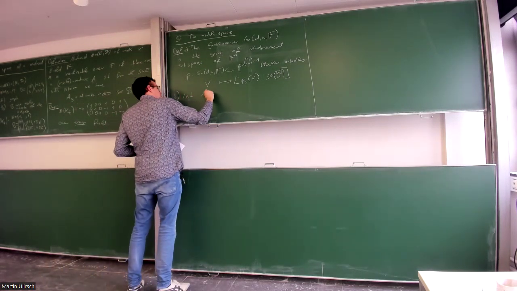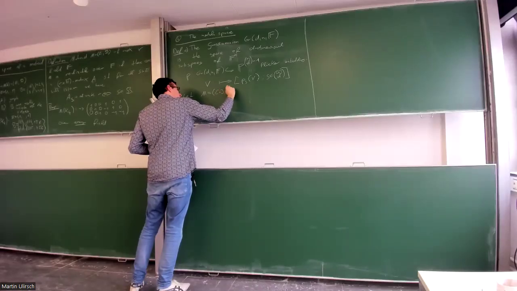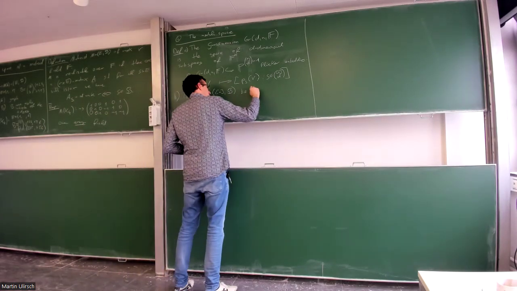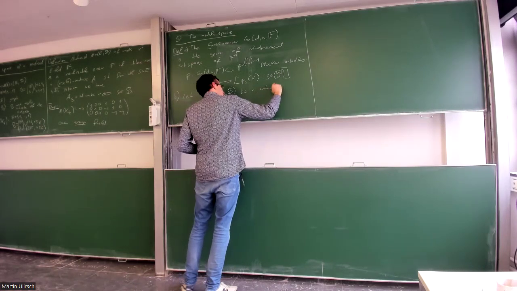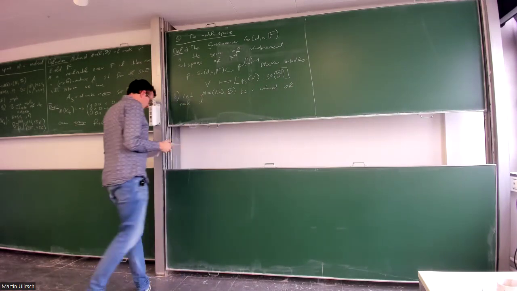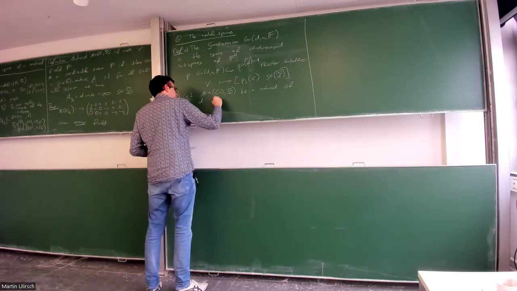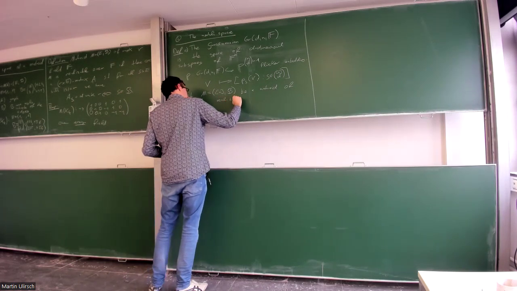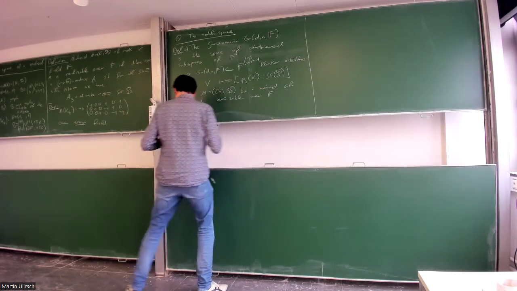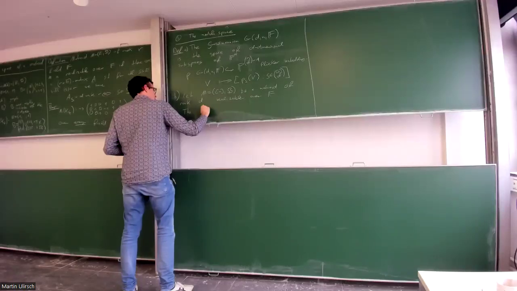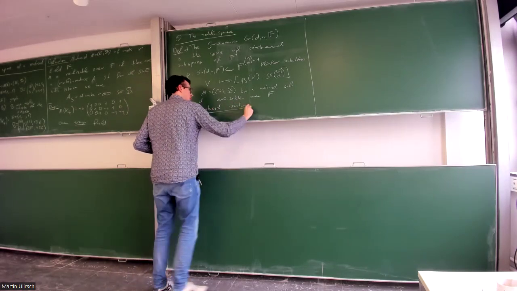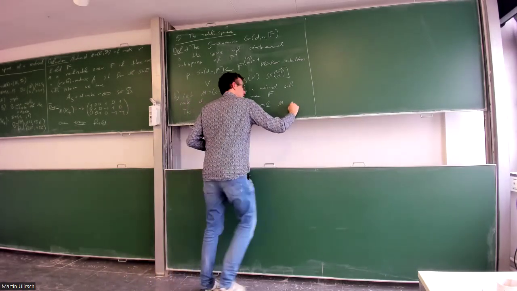So let M be a matroid. Assume that the ground set is just the set 1 to n. Let M be a matroid of rank d, realizable over F. Then the matroid stratum Gr(M, F) is the following.